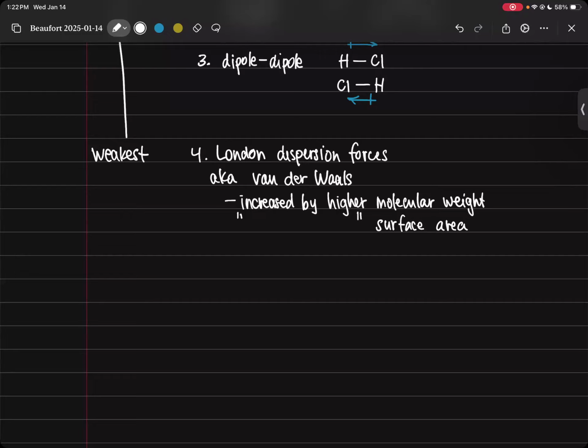So if you think of a molecule as having a bubble around it, a giant molecule that's roughly a sphere has the smallest possible surface area for its volume, versus a molecule that's super long and skinny of the same volume that has a lot more surface area. So that's going to also affect van der Waals forces.